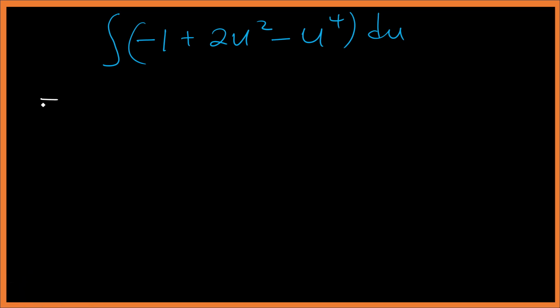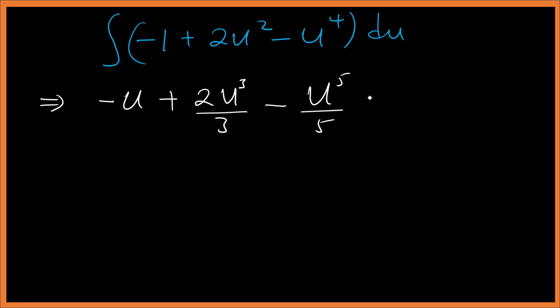The constant will give minus u. So we add one to the power and divide by the total. So we have 2u to the power 3 on 3 minus u to the power 5 on 5 plus c.